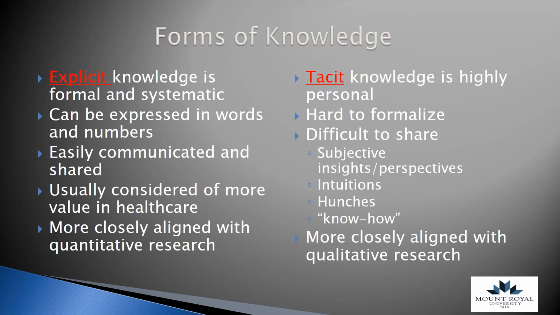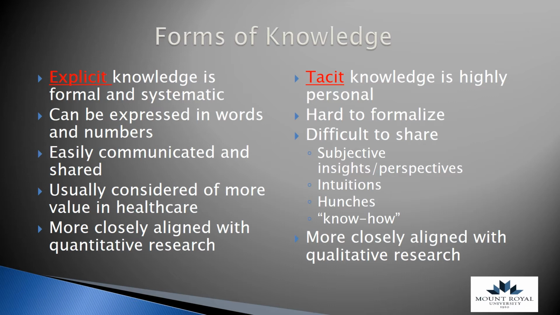Two forms of knowledge I'd like to highlight, and once again, these are discussed in your textbook quite clearly, are explicit and tacit knowledge. So explicit knowledge is very formal and systematic. It's typically expressed in words and numbers, easily communicated and shared.